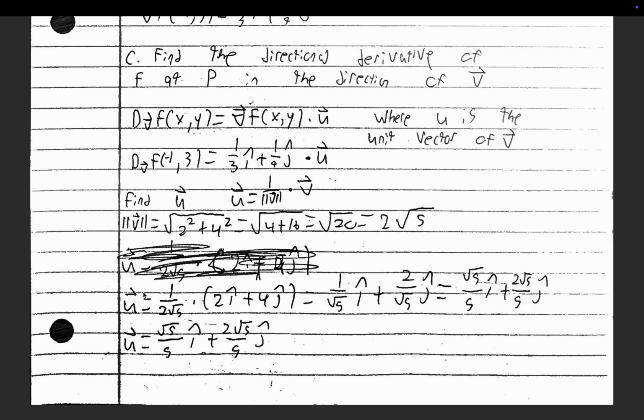To find the unit vector, we set 1 over that magnitude times 2i plus 4j. That comes out to 1 over rad 5 i plus 2 over rad 5 j. To rationalize the denominators, u is rad 5 over 5 i plus 2 rad 5 over 5 j. So that's how we found the unit vector.